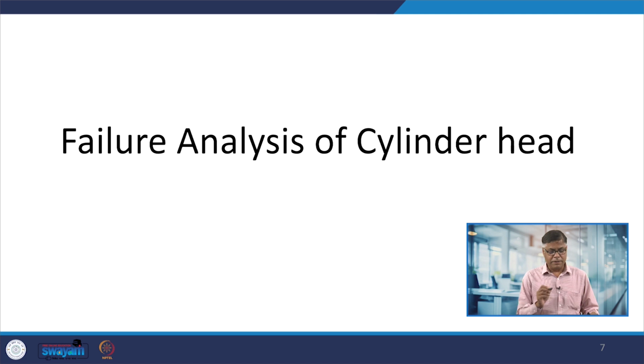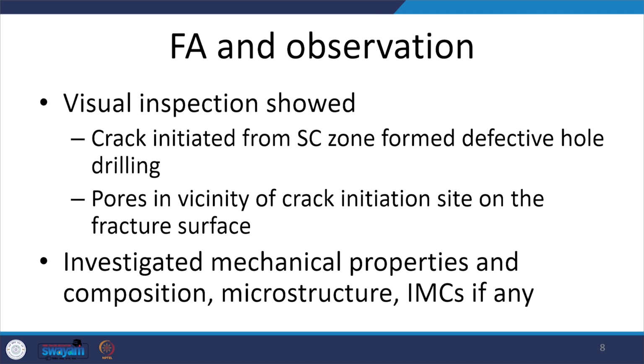Now, another case study is the failure analysis of the cylinder head. The failure analysis of the cylinder head was carried out using the following steps. Visual inspection was the first thing usually carried out, to see what the failure area and failure location are, and whether there is a crack or wear marks or corrosion or anything else.